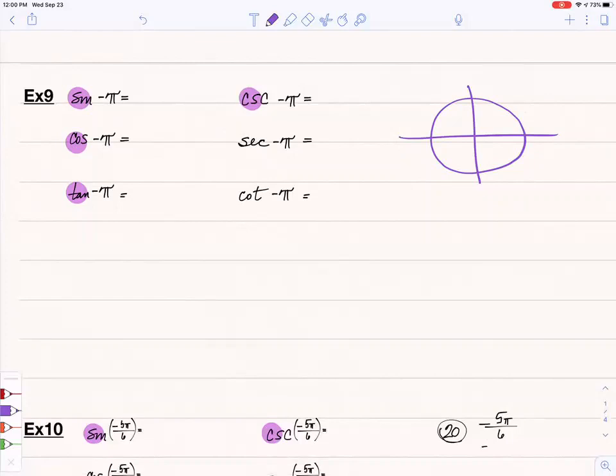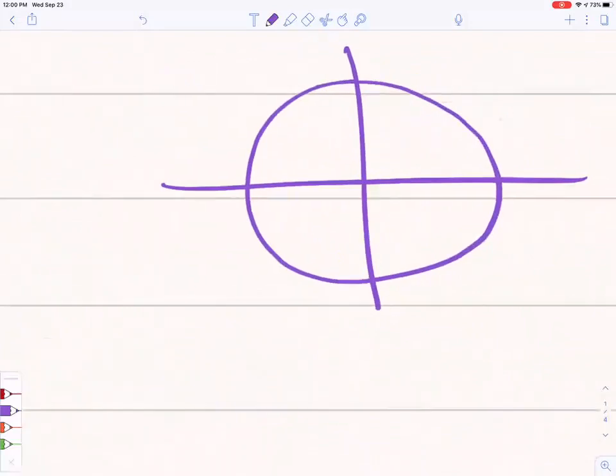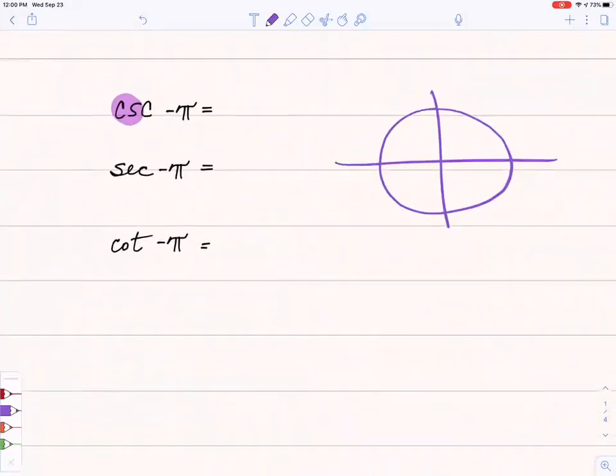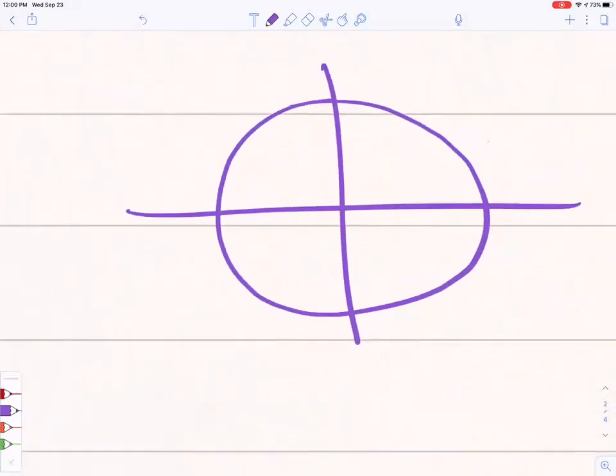Where's my position? Right here, right? Coordinate? Negative 1, 0. Man, we got to take our brains all the way back to section 9.1 for this.